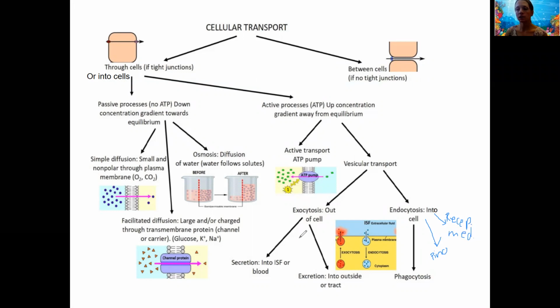And then for exocytosis, something going out of the cell, same idea either way. Secretion, though, is something that's going to go somewhere else in the body, probably. Or excretion is usually waste that would be going outside the body or into a digestive tract. Okay, one more.